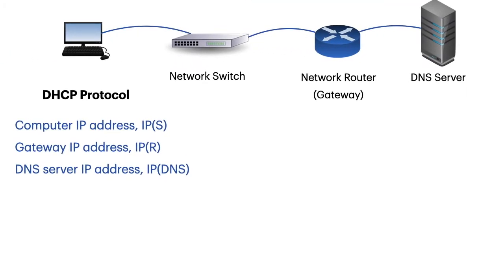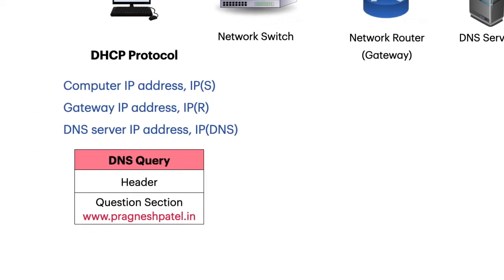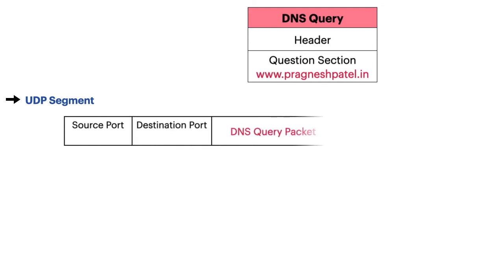For this translation, the computer's operating system creates a DNS query message, enters www.pragneshpatel.in in the question section of the packet, and then places it in a UDP segment with destination port 53 and a source port that is a random UDP port number opened by the TCP/IP protocol stack on the DNS client.